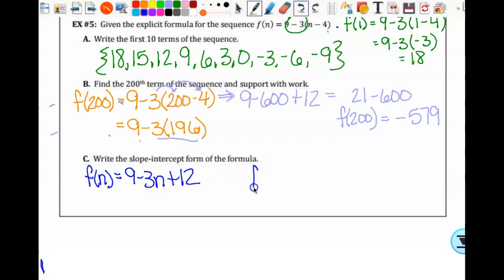And then that would be f of n. So since it actually says slope-intercept, that's y equals mx plus b. So that'd be negative 3n plus 21. What questions do you have?